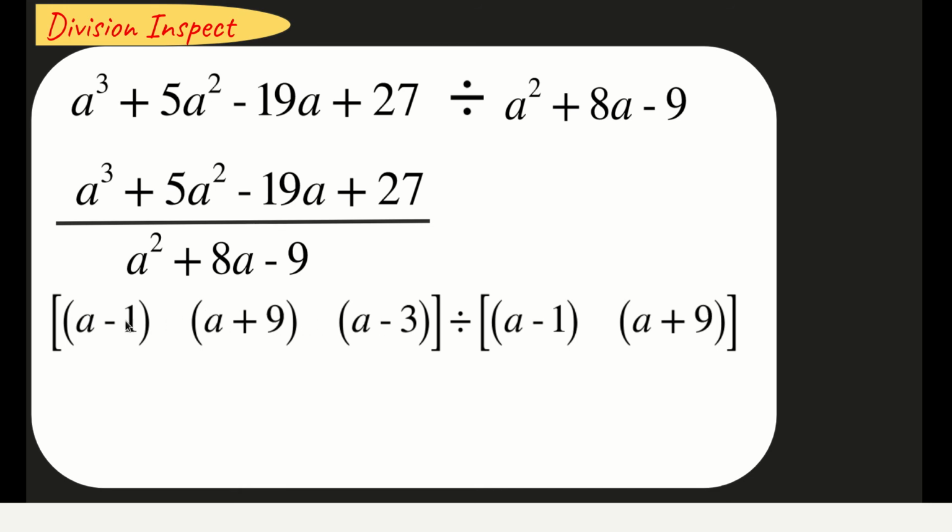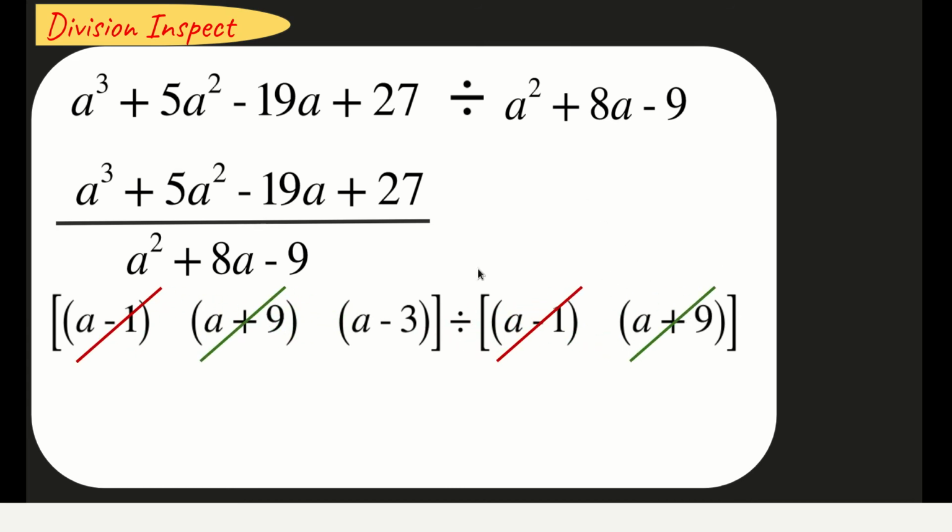So we've now got a single term multiplied by a single term multiplied by a single term, and the moment we do that, we actually have a single term. We want to divide it by the factorized bottom part, a squared plus 8a minus 9, which is a minus 1 multiplied by a plus 9. And now we've got a single term divided by a single term.